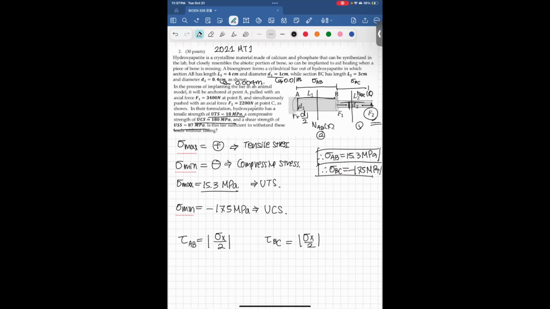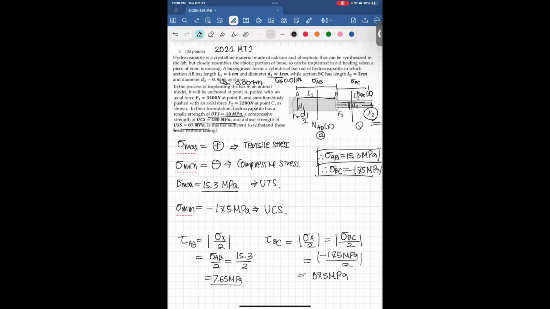So the shear stress of BC is going to be the stress of BC divided by 2, the absolute value, which gives us 87.5 megapascal. And for AB, it gives us 7.65 megapascal.